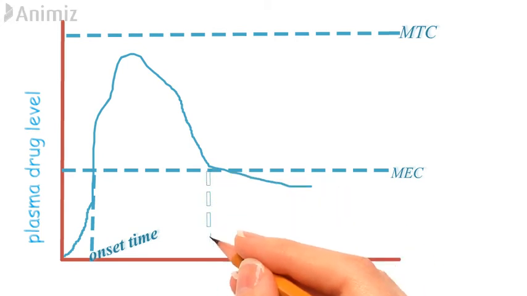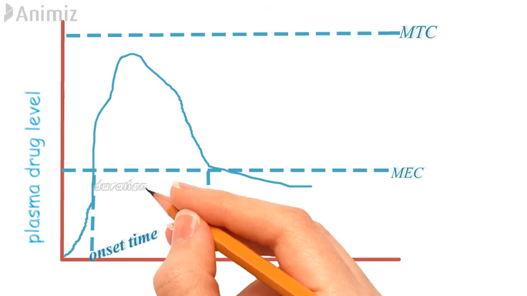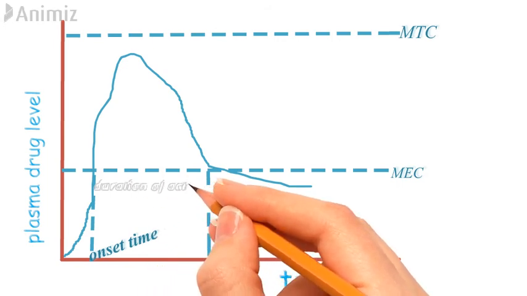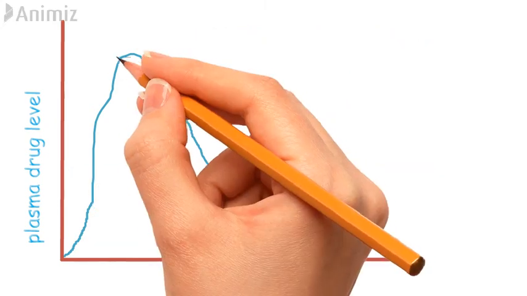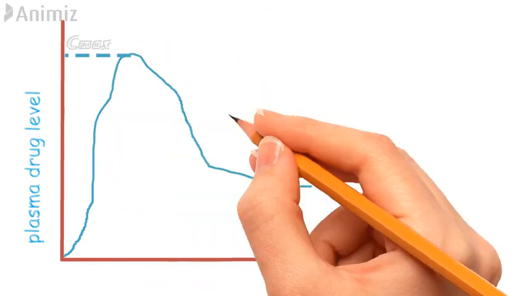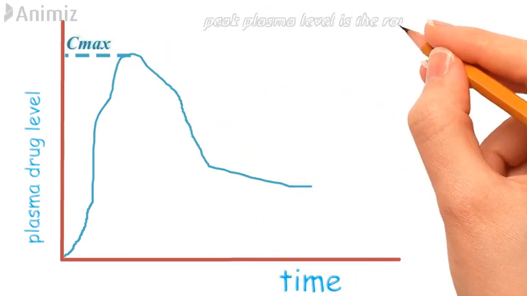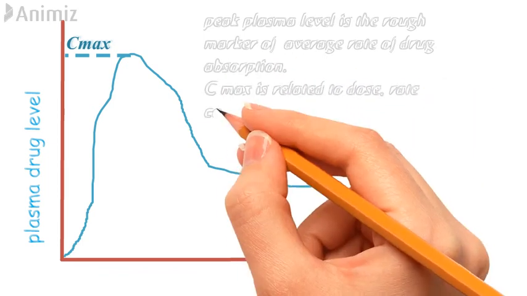Then duration of action. It is the time period between the onset of action and the time for the drug to decline back to MEC. Therapeutic window. It is the concentration between the MEC and MTC. Peak plasma level. It shows the maximum drug concentration in the plasma and is a rough marker of average rate of drug absorption.